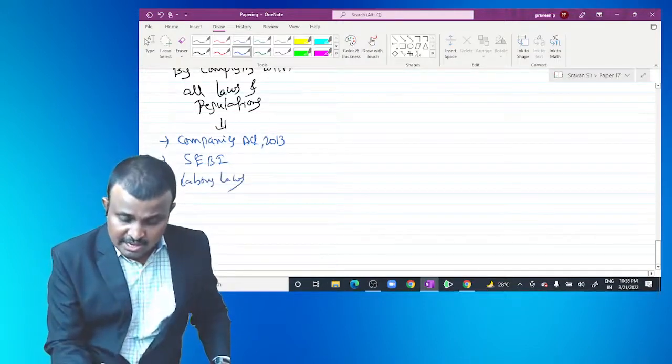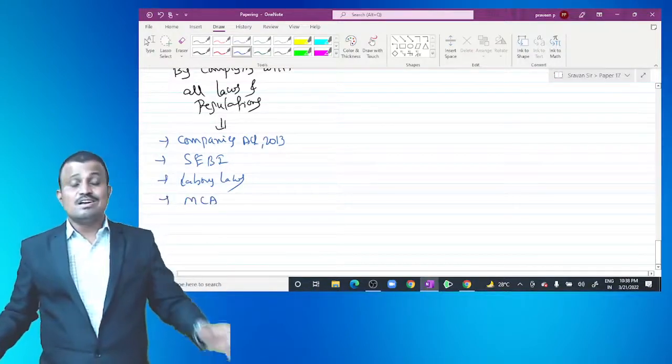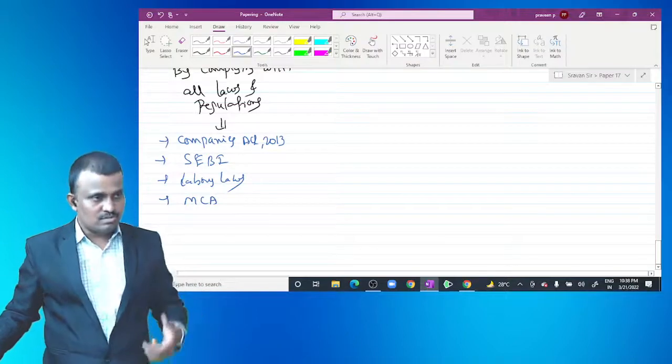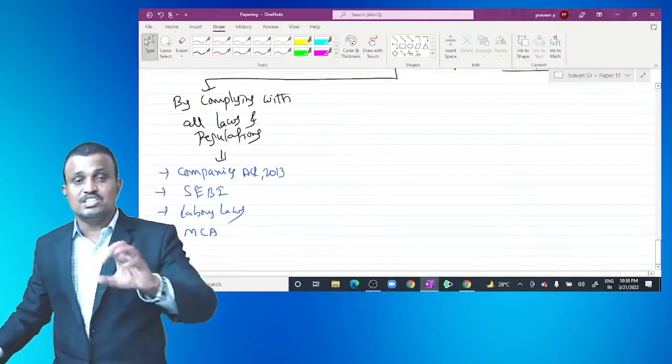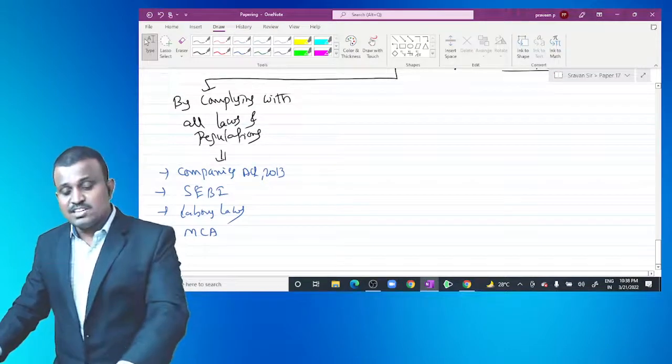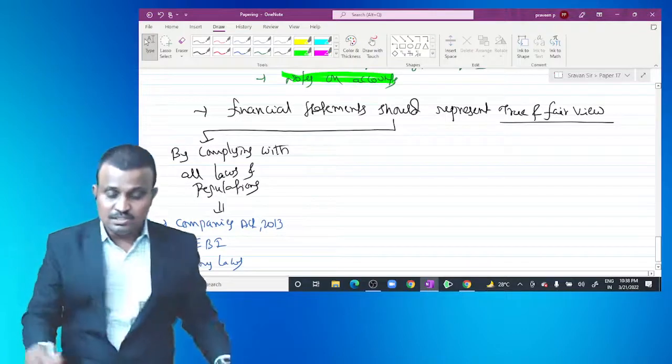In case of a company, MCA regulations are required to be followed while submitting the annual reports. So the financial statement should be prepared by complying with all laws and regulations.